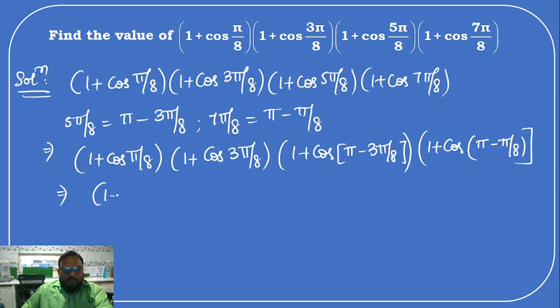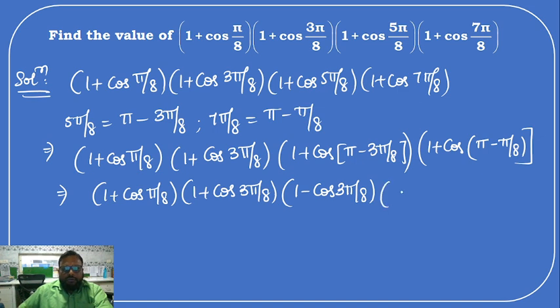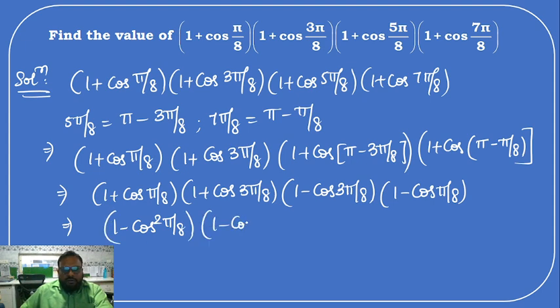So I get (1 + cos π/8)(1 + cos 3π/8), which remains as it is, and (1 − cos 3π/8)(1 − cos π/8). Writing (1 + cos π/8) and (1 − cos π/8) beside each other, since all are in multiplication, (a + b)(a − b), I get (1 − cos² π/8)(1 − cos² 3π/8).